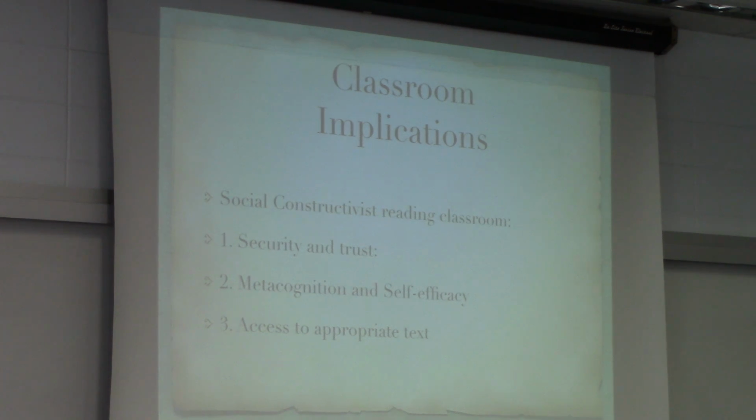So the classroom implications that I specifically looked at through the social constructivist lens are the security and trust of the child. Normally when we think of security, we think of the physical security of the building, of the classroom, and we think of trust between the teacher and the student.